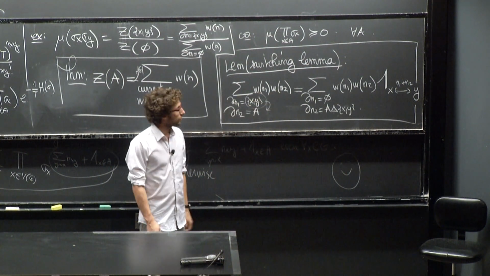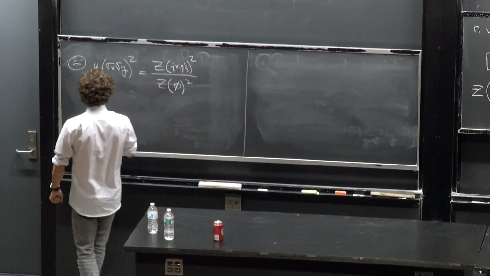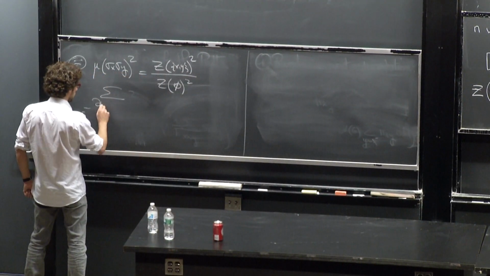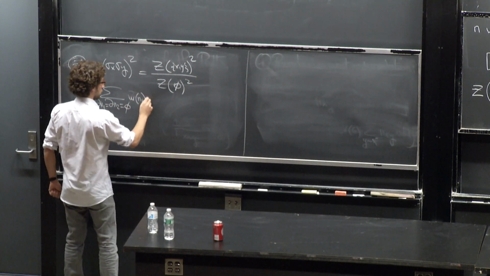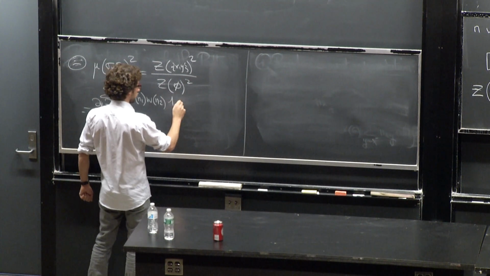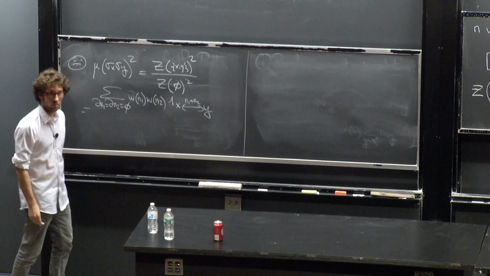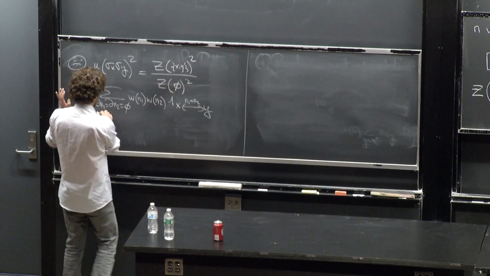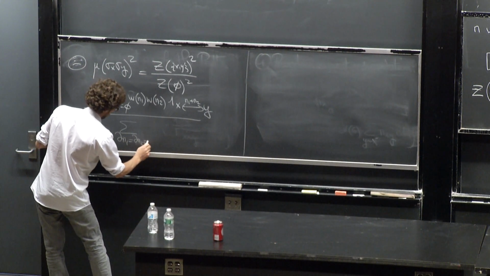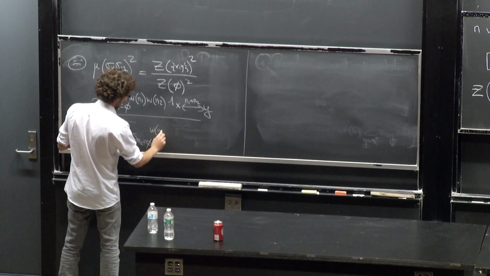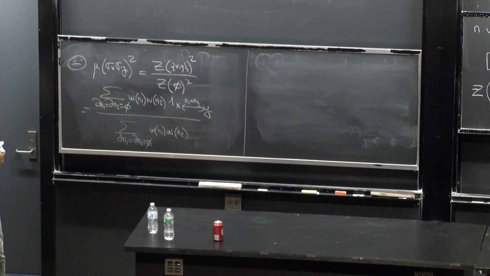Apply the switching lemma. This thing is becoming the sum of a sourceless current this time, W of N1, W of N2, times the indicator that x is connected in N1 plus N2 to y. And the denominator is just the sum of a sourceless current of W of N1, W of N2. What did we gain?